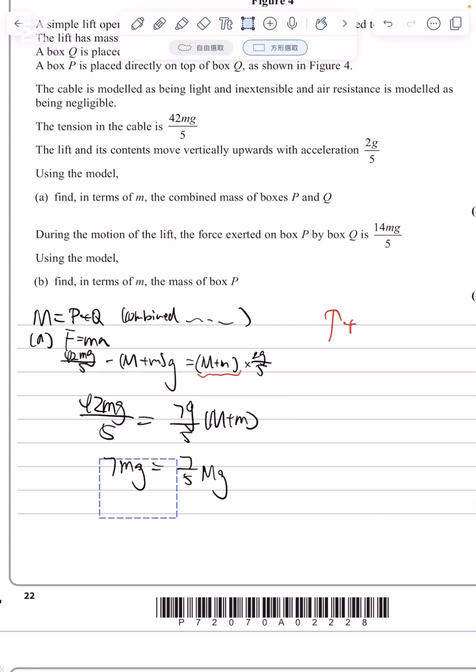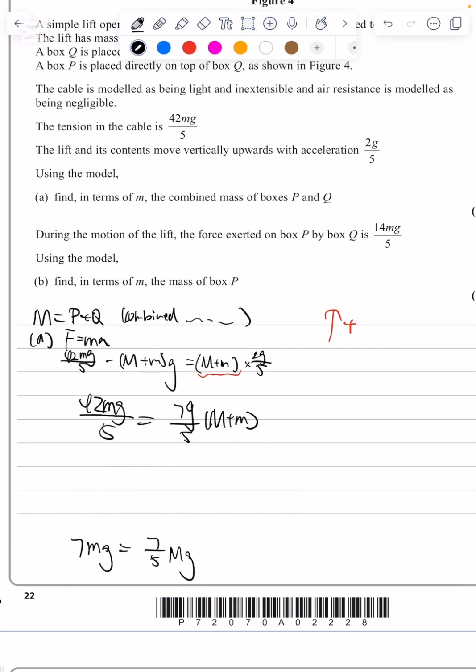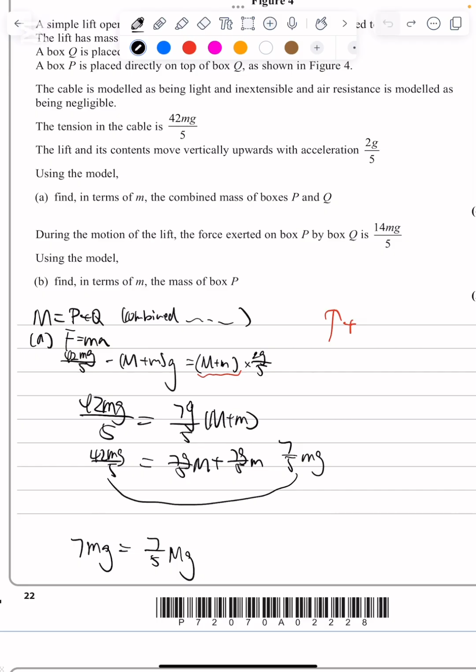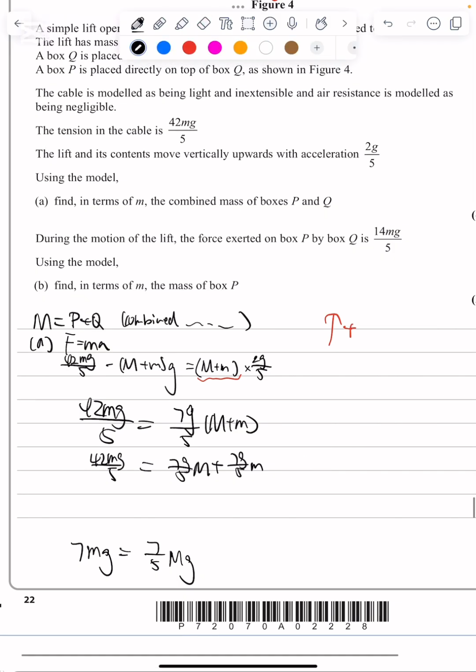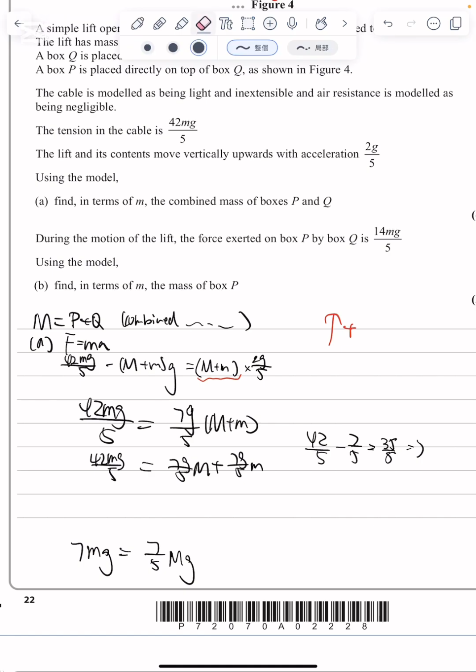I should explain a bit what I'm doing here. If we expand this, you see how this term has a 7 over 5 mg, and this also has an mg. So I can move this term over to the left, and it will be a subtraction. And 42 over 5 minus 7 over 5 would be 35 over 5, which is 7. So this whole thing will turn into 7mg.